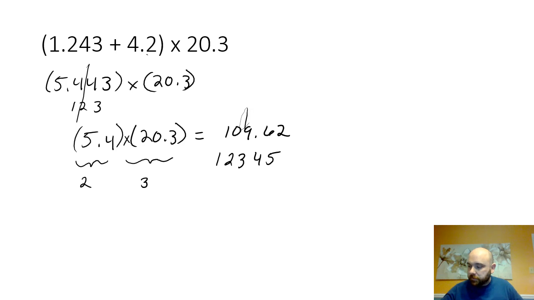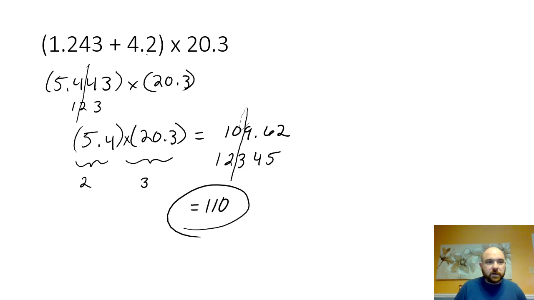We want to round off at this position here to go down to two significant digits. And so we look at the 9. The 9 will change that 0 to a 1. And we want to keep at least the 0 for the 9 so that we know where our decimal lies. So 109.62 rounds up to 110 with the correct number of significant digits.